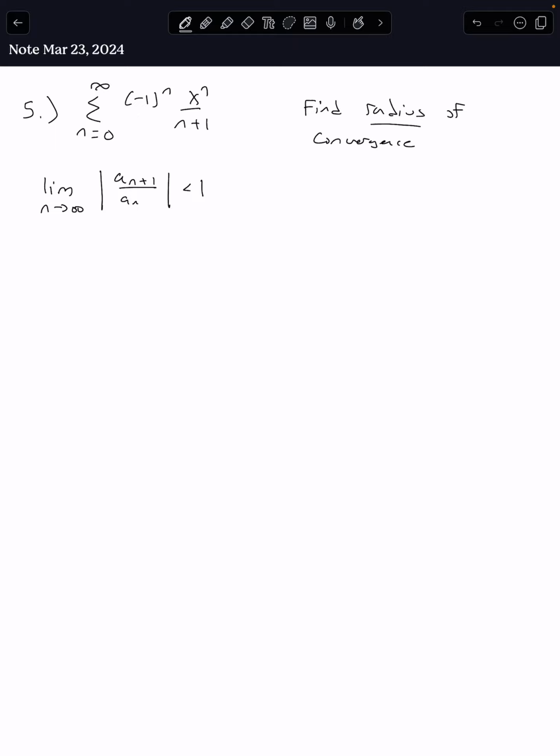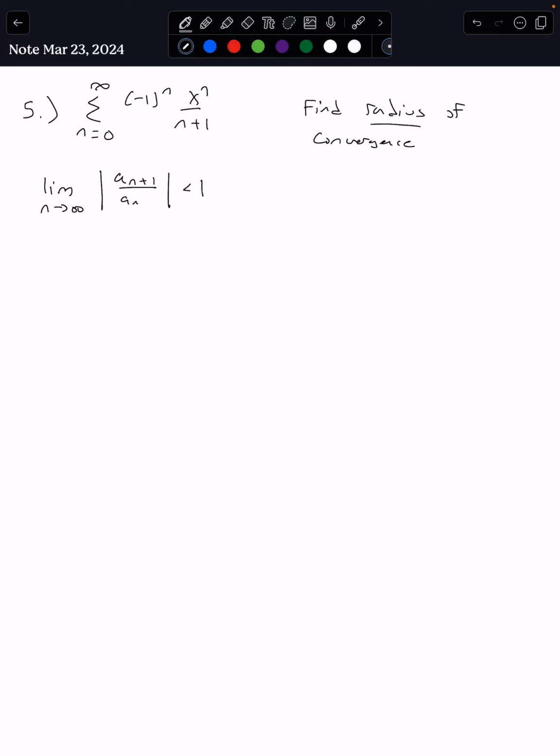Now, another thing that's really nice about the ratio test is these absolute values, because those are telling us that we really don't have to worry about the alternating part, because if we put the alternating part inside the absolute value, it's just going to be positive anyways. So we only have to worry about the part that's not alternating.